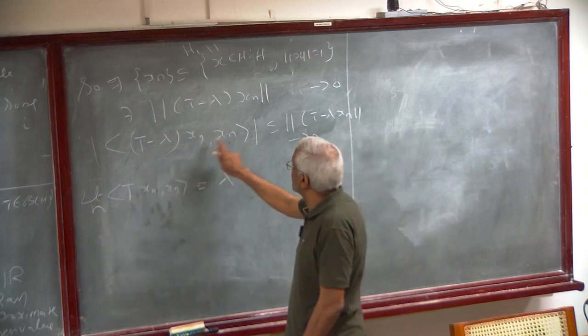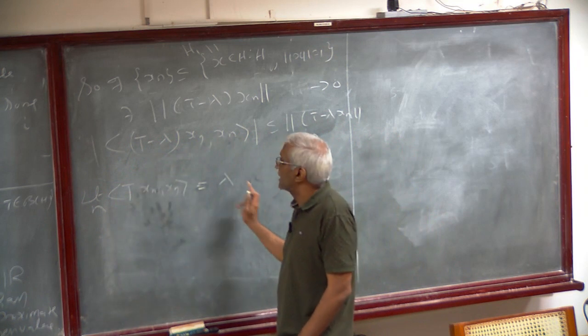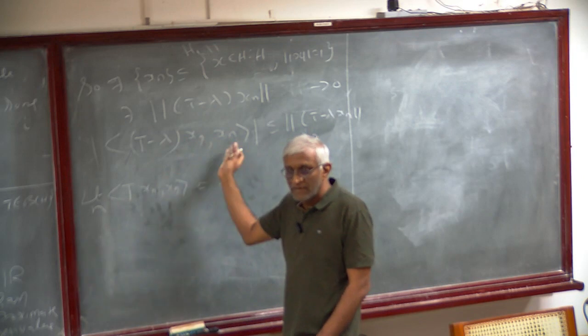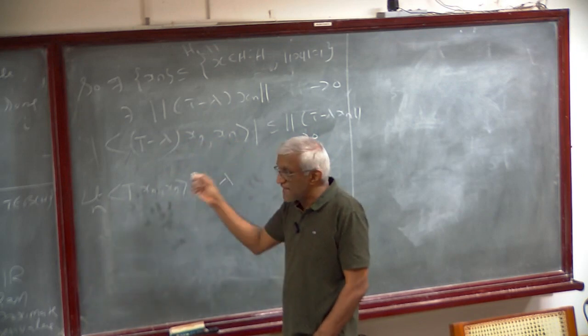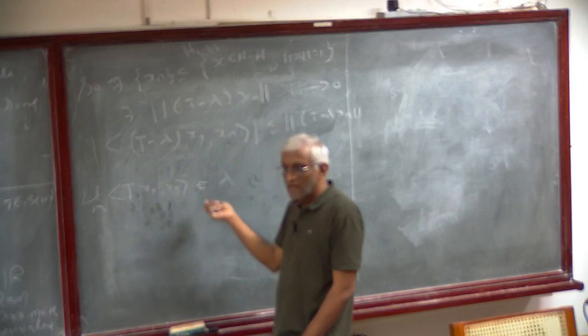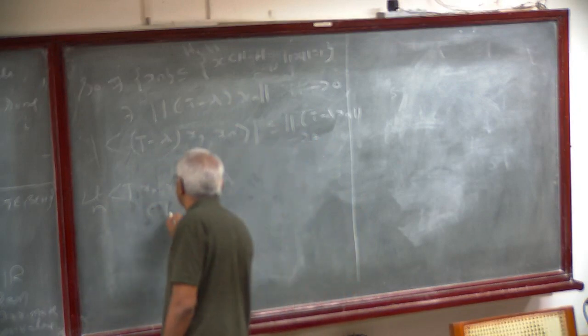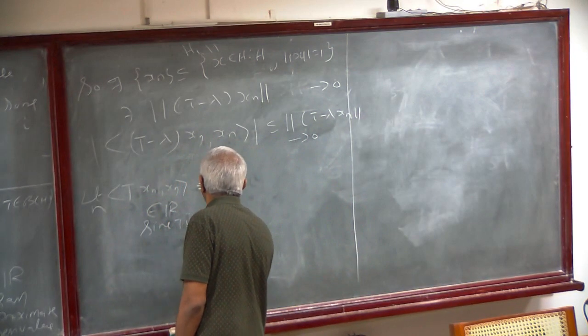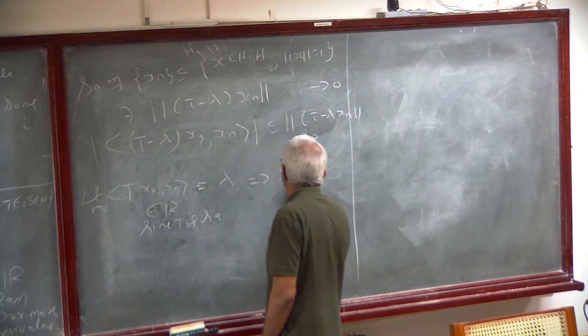I mean, (T minus lambda) x_n goes to 0. Lambda is a scalar, and <x_n, x_n> is just 1, because x_n is a unit vector. Okay. So <T x_n, x_n> goes to lambda. And this is real for a self-adjoint operator, when T is self-adjoint. So this implies lambda's imaginary part is 0.